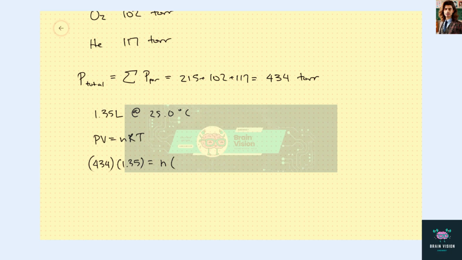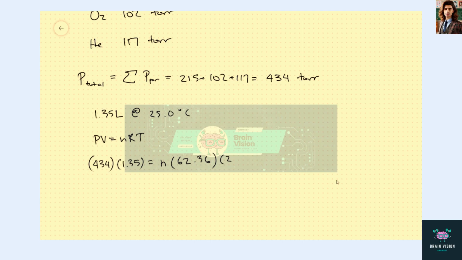And the ideal gas constant we want to use, since we're given it in torrs, we would want to use 62.36. Okay, and this is in liter torrs per Kelvin per mole.